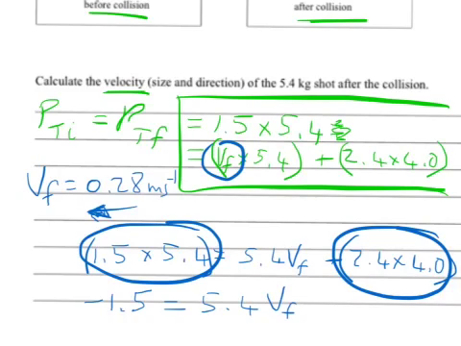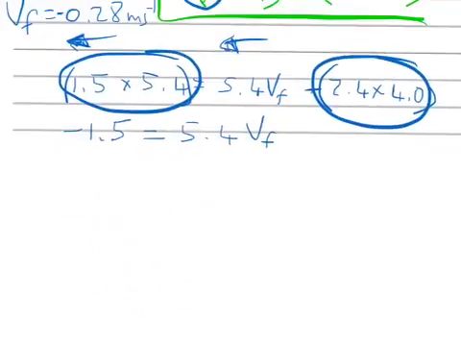So then Vf is going to be negative 1.5 divided by 5.4, which actually gives us negative 0.28, or 0.2777 recurring, but negative 0.28 meters per second. The negative just indicates that it's bouncing back in that way. Okay, and I think that might be all the questions for this part.